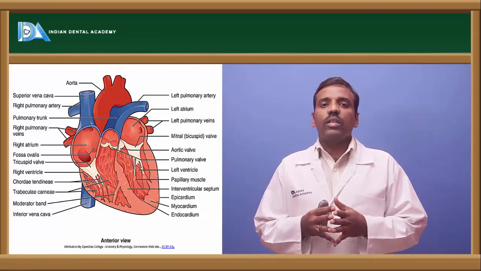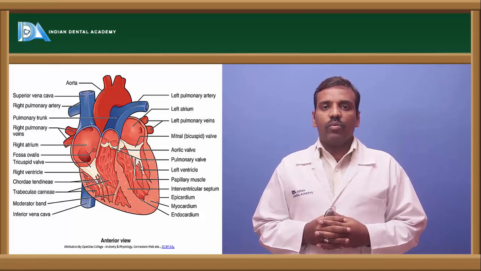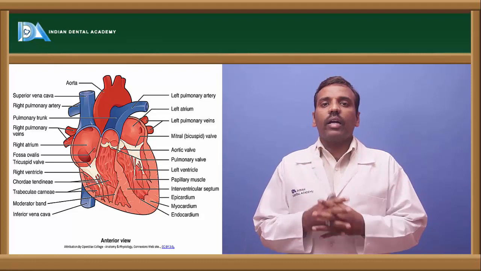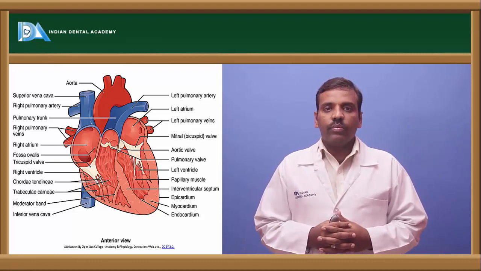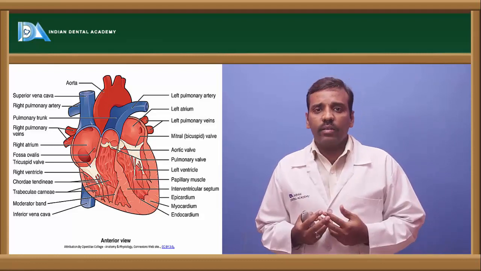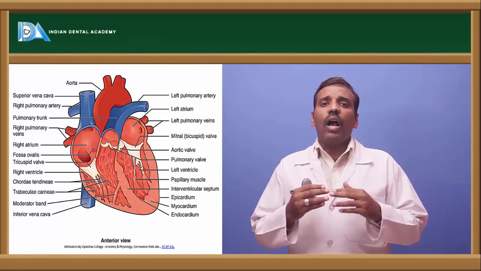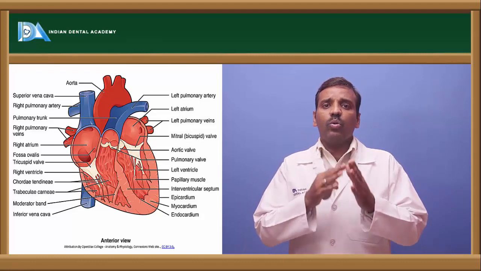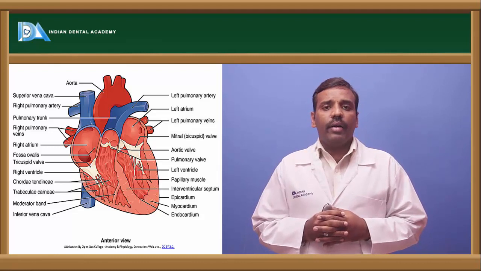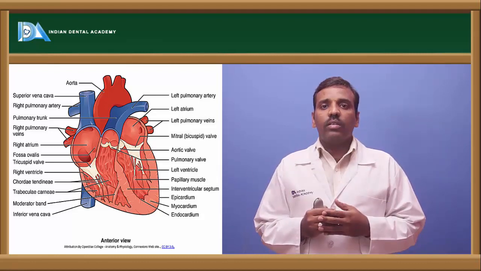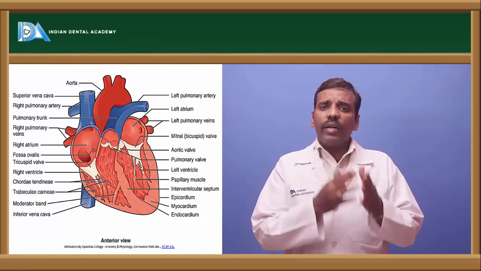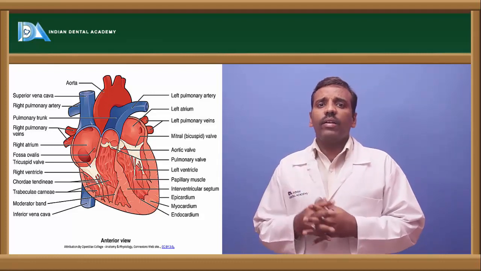The upper part of the heart, whether right or left, is the atrium. Totally the heart contains four chambers: two atria and two ventricles. The atria are the upper part, one right upper and one left upper. The lower parts are two: the right ventricle and the left ventricle.